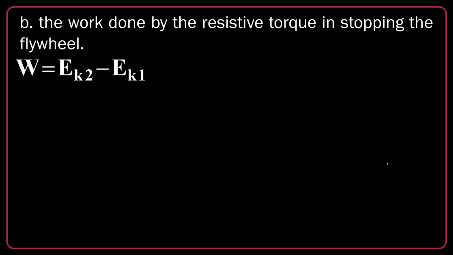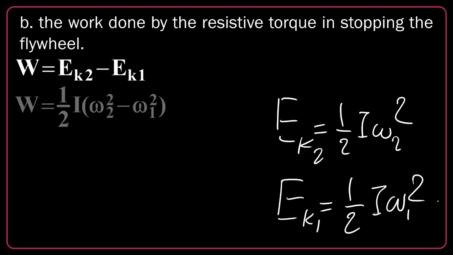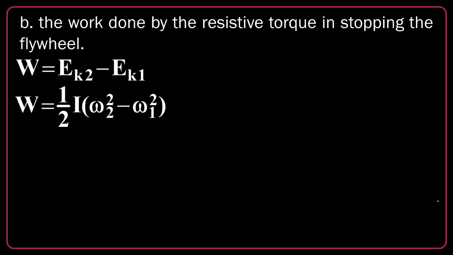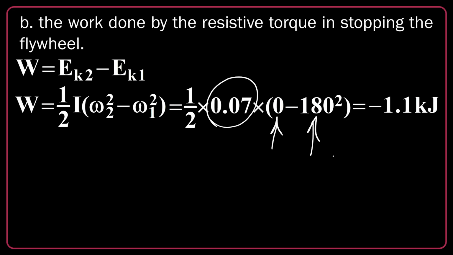EK2 minus EK1. EK2 is a half of I omega 2 squared. EK1 is a half of I omega 1 squared. So let's write it like that and then plug in the values. I was given in the question, final omega, initial omega, and the answer is negative 1.1 kilojoules.